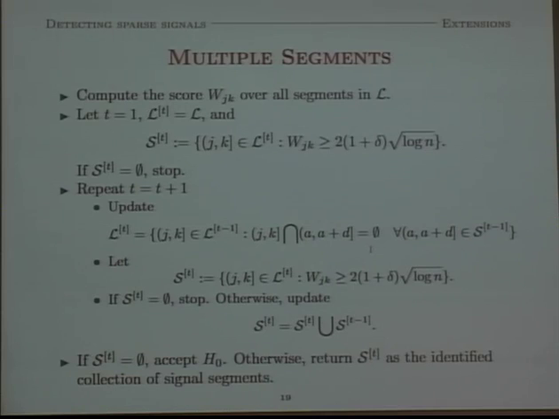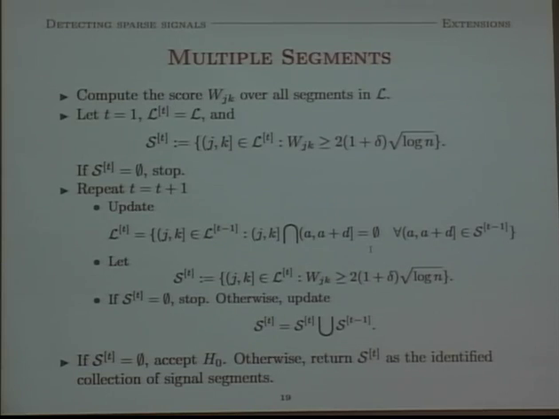So I'm going to take out from the set of candidate segments all those that overlap with the one I identified. This makes sense, because the other ones may still show up simply because they overlap with the true signal. After I do that, I do my scan again, I find the next one, and I iterate this until, at the end, you won't find any significant segments. This would be my collection of signal segments.